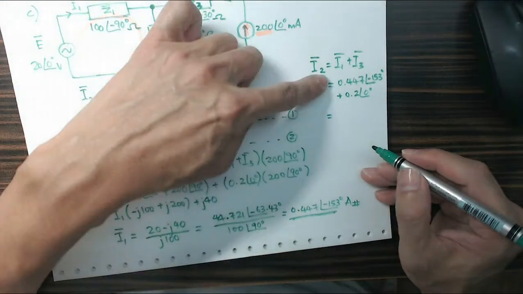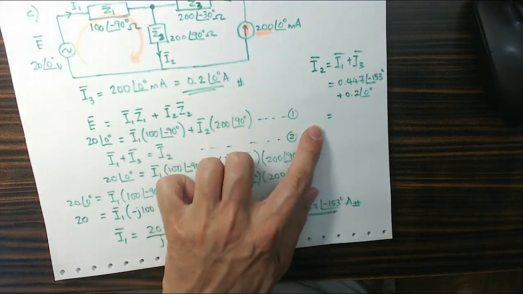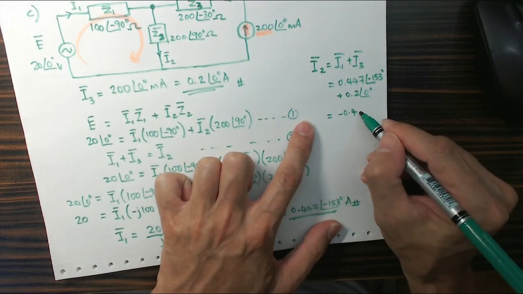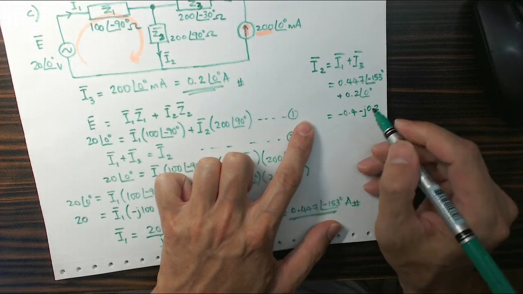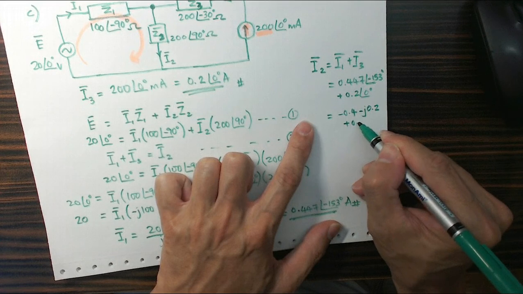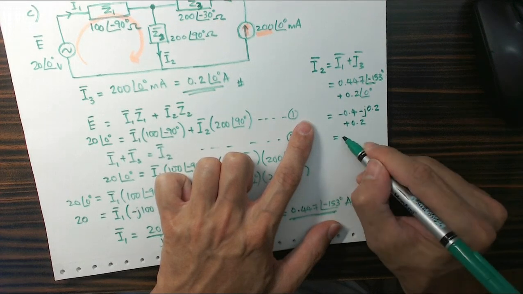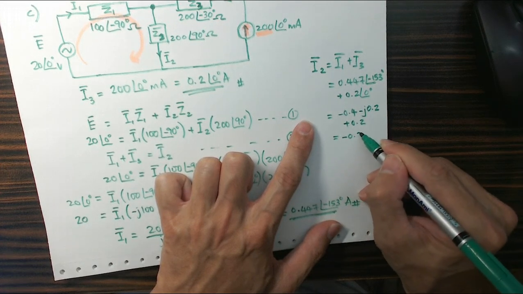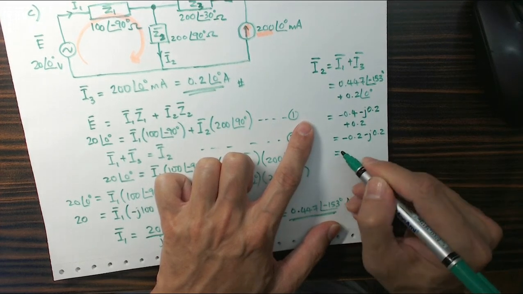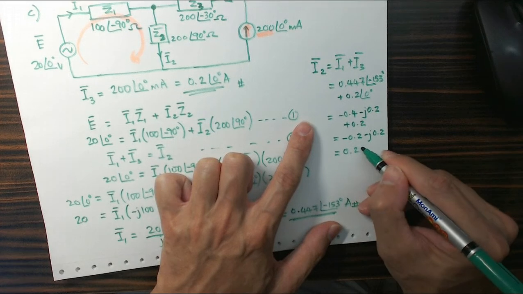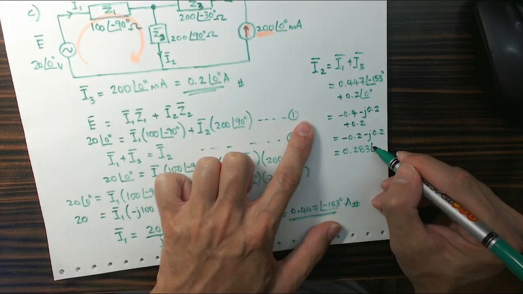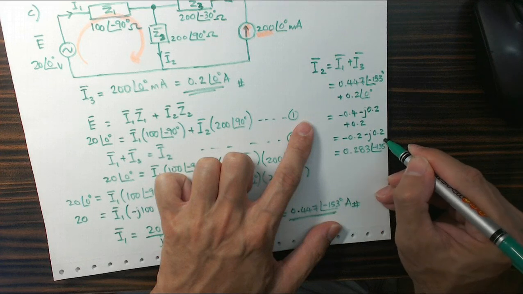Again, convert this to rectangular form. There will be minus 0.4 minus j0.2 plus 0.2. That equals minus 0.2 minus j0.2. That gives me 0.283 at an angle of minus 135 degrees ampere.